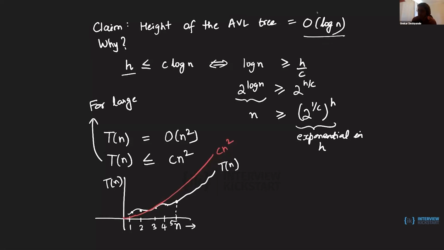That's why we call it asymptotic analysis, because we are talking about large values of n.